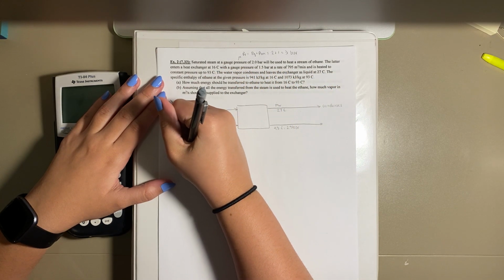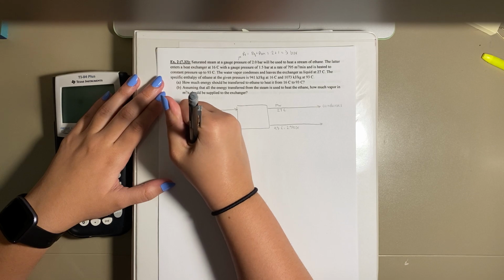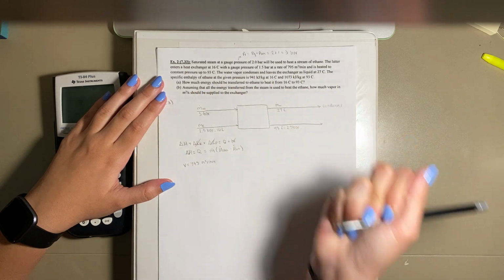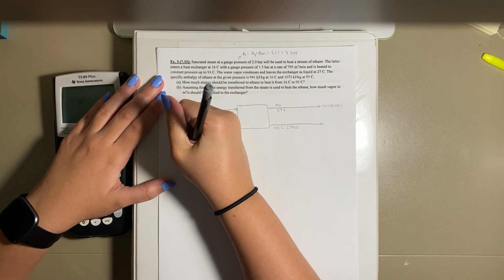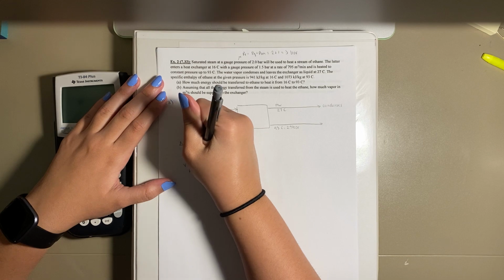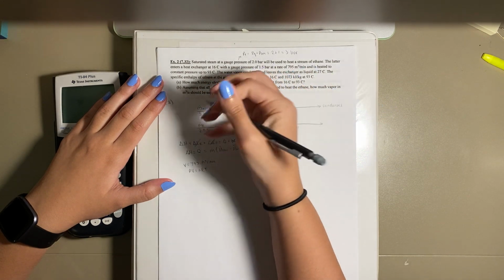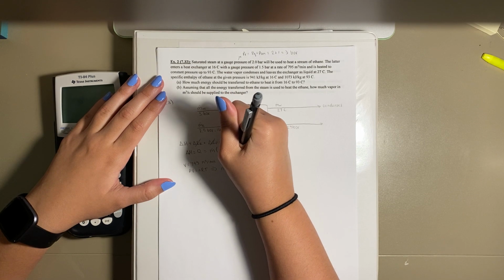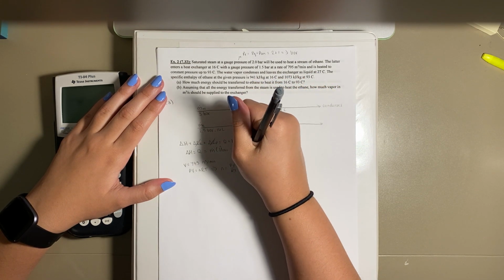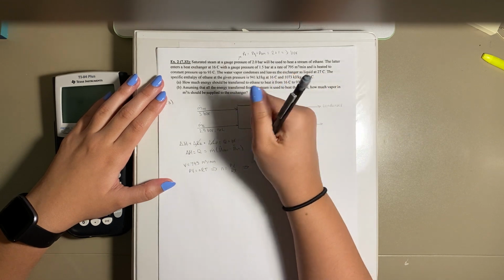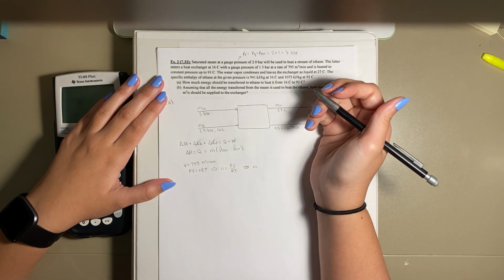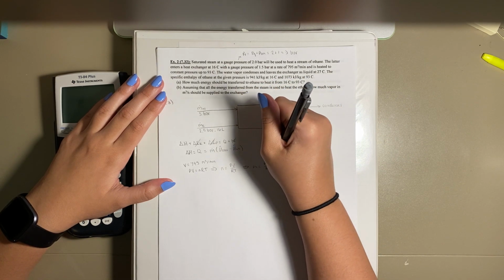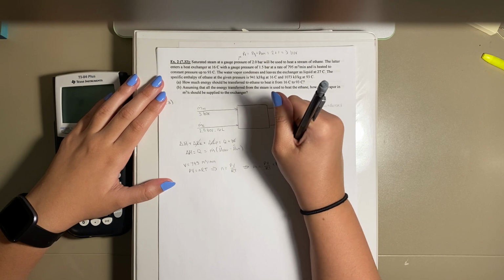So we know that V is equal to 795 meters cubed per minute. And we know that PV is equal to nRT. So n is equal to PV over RT. And if we want that in terms of mass flow rate rather than mole flow rate, the mass flow rate is going to be equal to PV over RT just times the molecular weight of ethane.